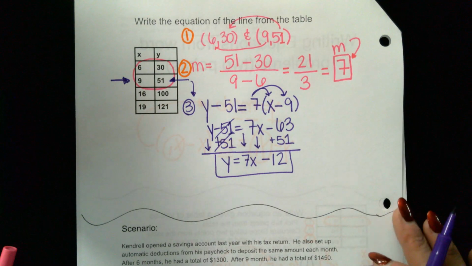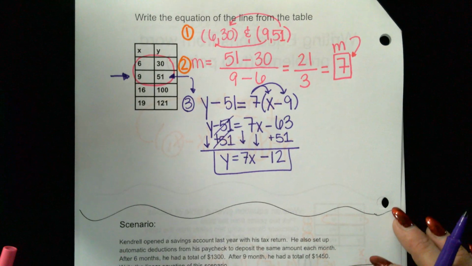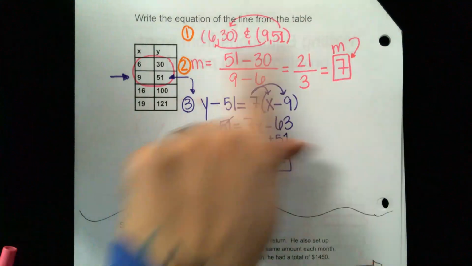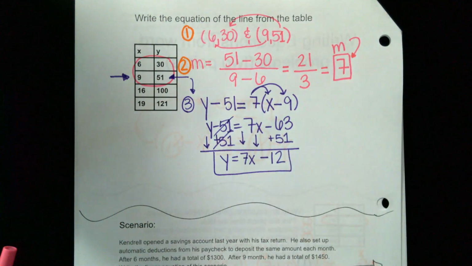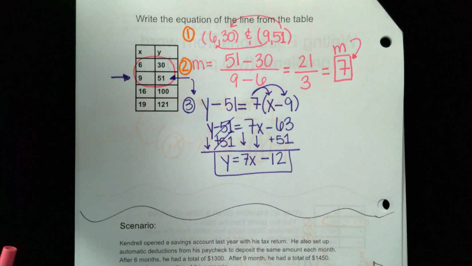Now, I am going to tell you this. Remember, this curriculum is different than the 1A I've been teaching for like the last several years. I don't know why in this lesson this teacher decided to plug these numbers into point slope form when we've been plugging it into y equals mx plus b this whole time.